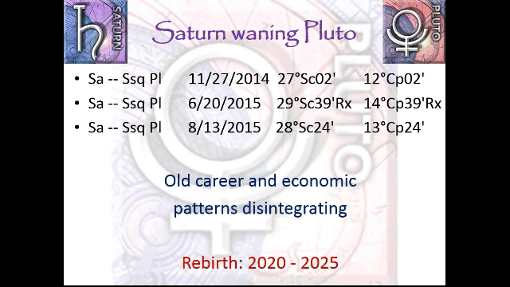You'll continue to just see more of these types of patterns in the news. Now, every time Pluto is retrograding Capricorn with Saturn for the next 5 years, it's going to accelerate this breakdown.